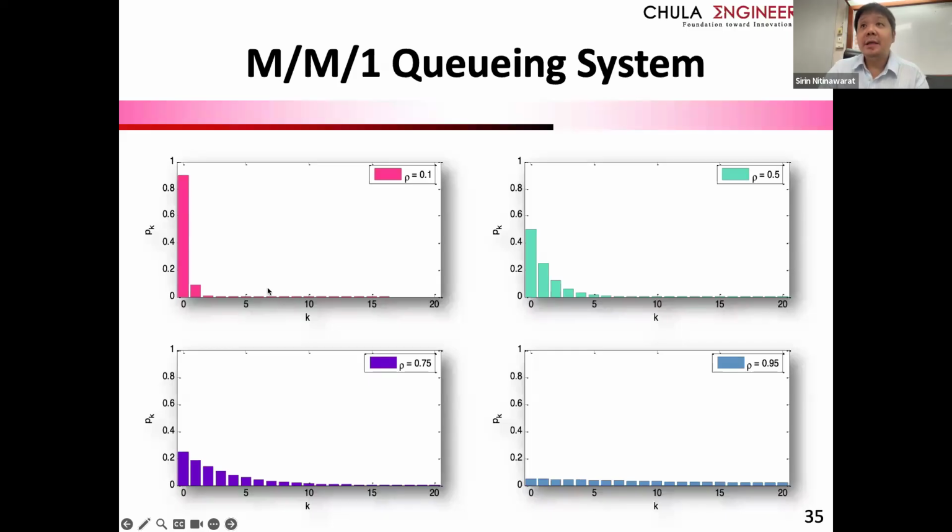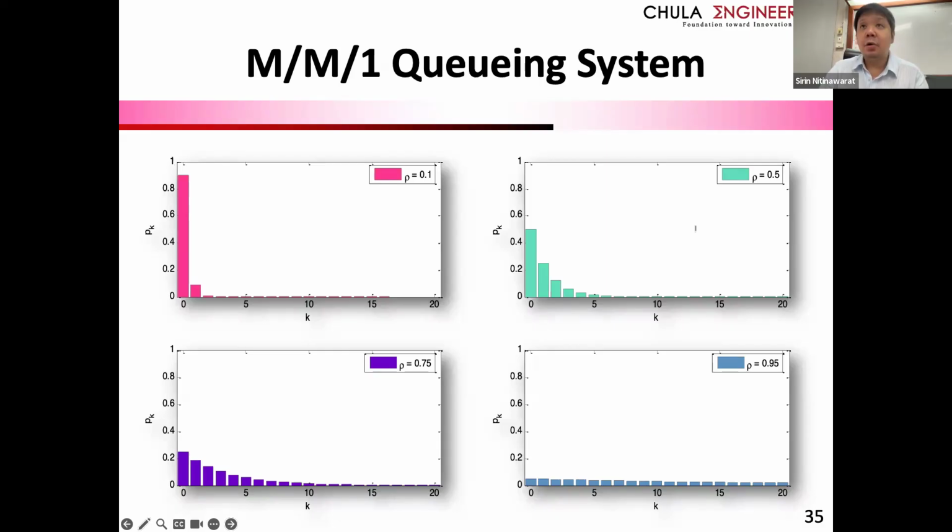Small rho means the server is much quicker than the arrival rate, right? So you see lambda is very small compared to mu. So you see that probabilities are concentrated at low numbers, right?